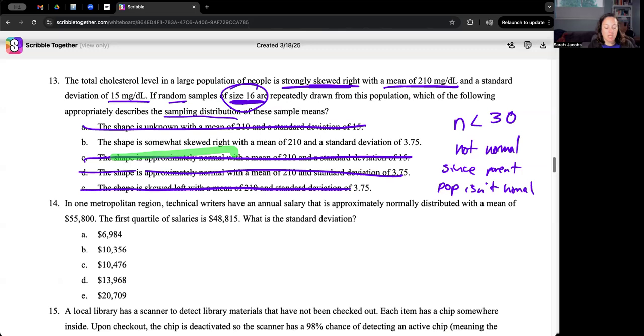We're still going to have a right skew, somewhat skewed right. But because our sample size went up from 1 to 16, we're going to move towards normal. So we're still skewed right, but we're getting normal-er. The mean is going to stay the same. So the mean of the population is the mean of the sampling distribution. Now, the standard deviation must be this because we crossed out all our other answers.